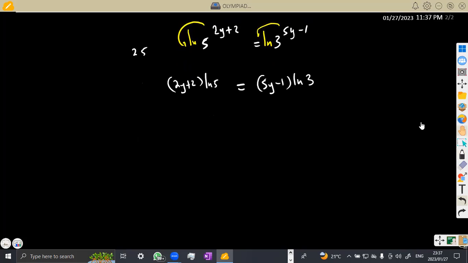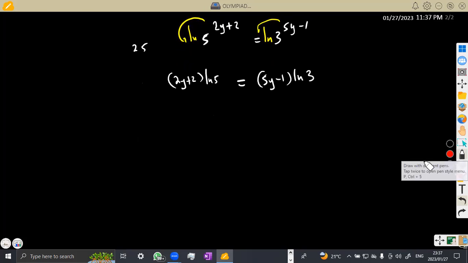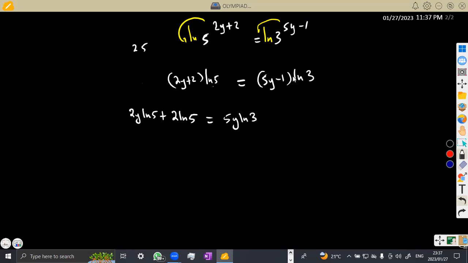Just expand the brackets: ln 5 times 2y is 2y ln 5, plus 2 times ln 5, which is 2 ln 5, is equivalent to, the same here, 5y times ln 3, which is 5y ln 3, minus 1 times ln 3, which is minus ln 3.